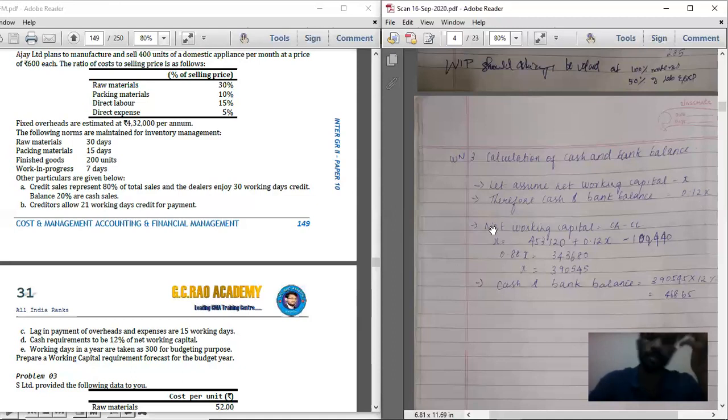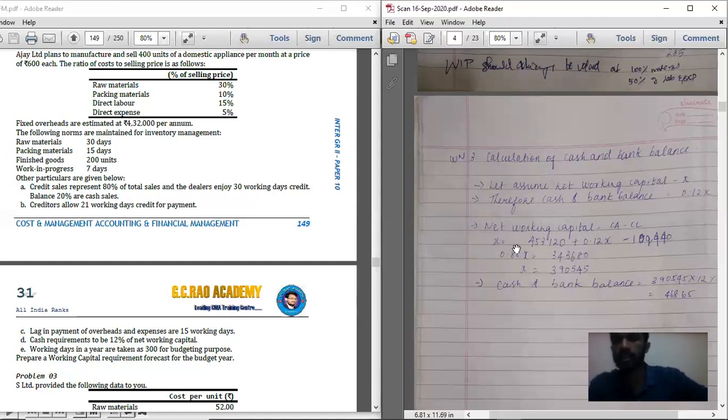Now below that, third arrow mark, net working capital is equal to current assets minus current liabilities. That is the formula. Here what we have assumed, net working capital x.